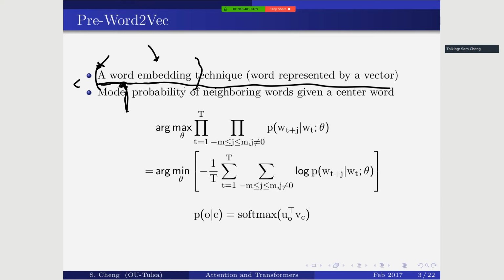The joint probability will be the product of the conditional probability of one word given the center word, and the conditional probability of another word given the center word, multiplied together.